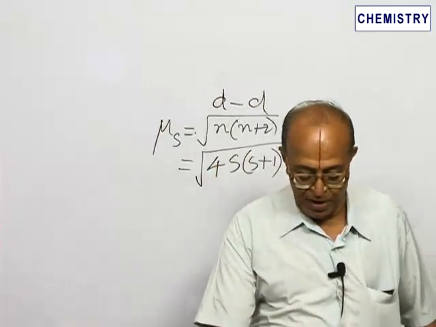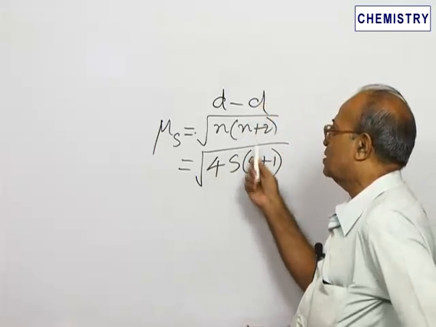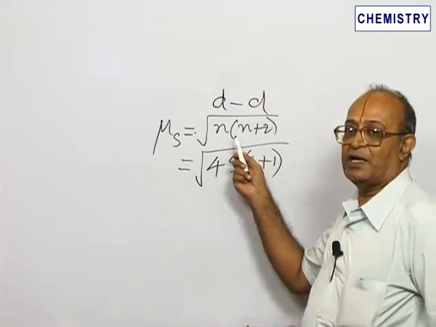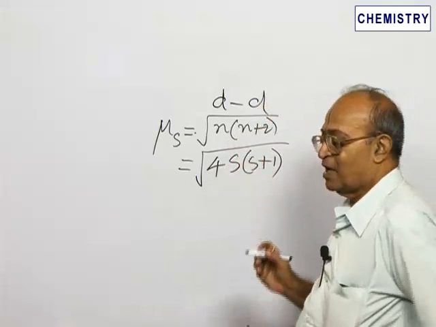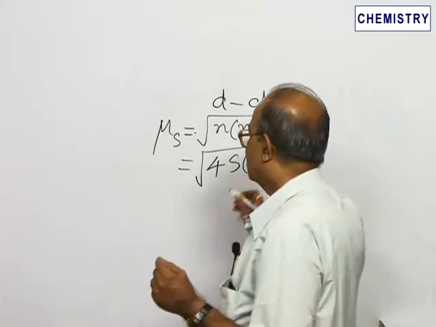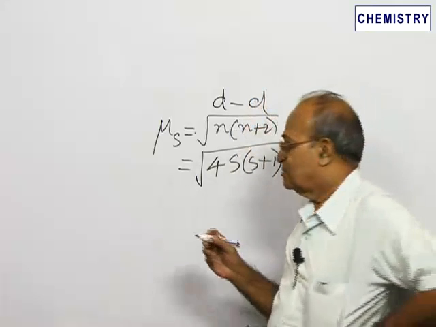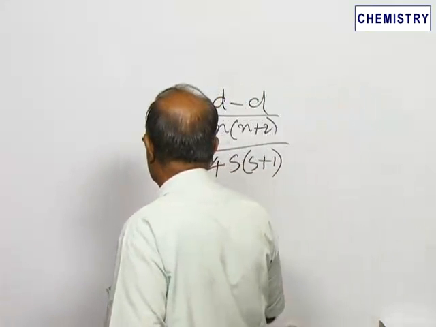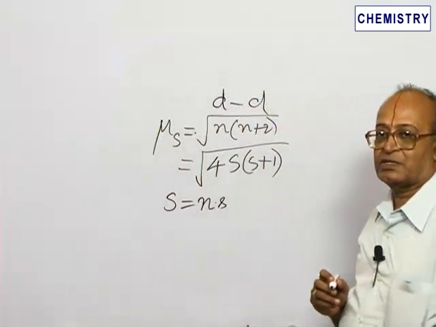For example, from this root of 4S into S plus 1, you can get root of n into n plus 2. For each electron, the spin is said to be half.